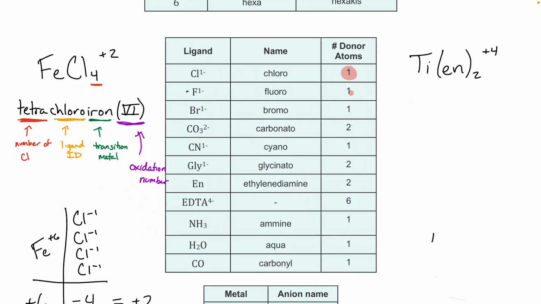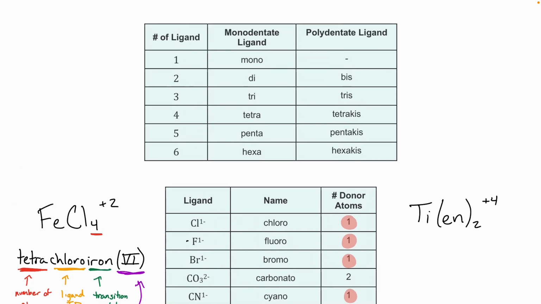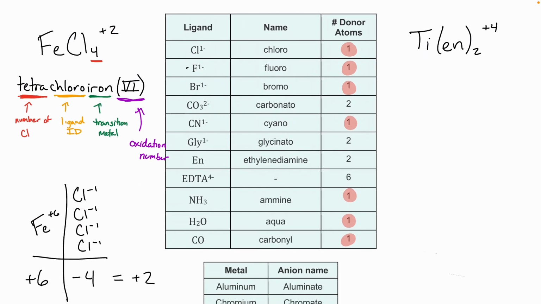If we have one donor atom, these are what we call monodentate ligands.